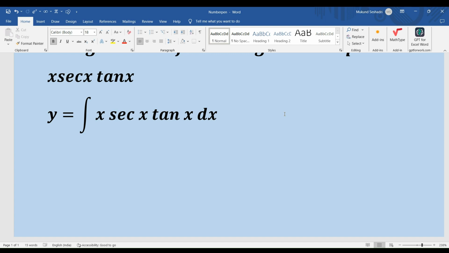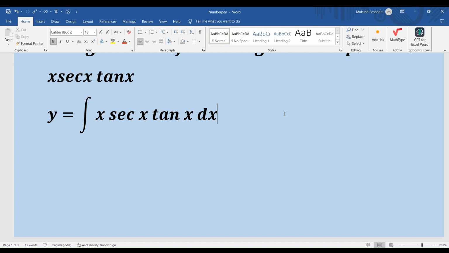I have an x, I have a secant x, I have a tan x. I have three parts to my integral here. The answer is no, I'm not able to connect any of these expressions with each other in any form.